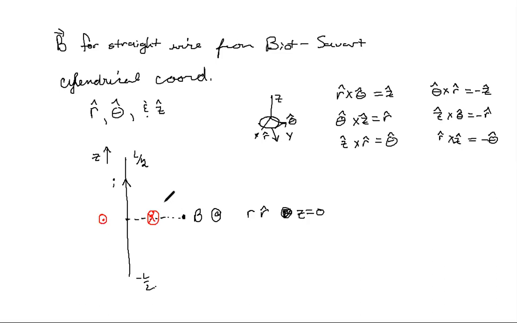So over here, at this point, I expect the magnetic field to be into the board. Thinking about it, if this is z and this is r, that would be in the theta hat direction. So we expect the magnetic field to lie in the angular direction.